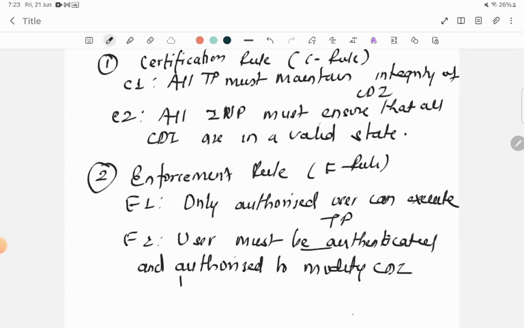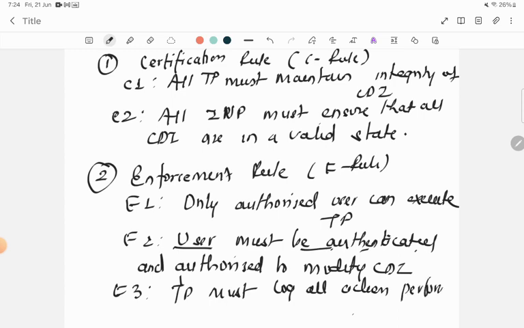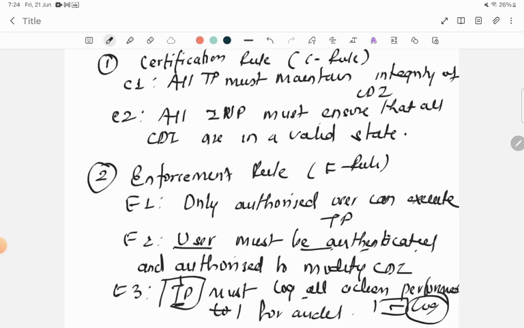It means you should have a proper username and password. If you are a user, you cannot open others' bank accounts. E3 says the TP must log all actions performed for audit. Whatever transaction you do, the transformation procedure saves it in the form of a log so that we can check it later on.